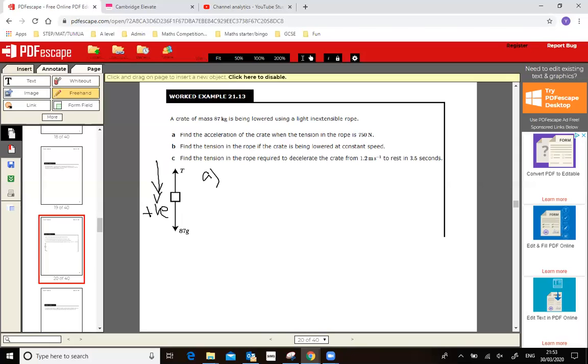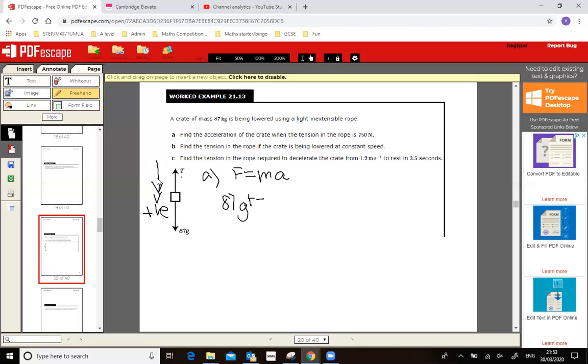Now, what do we have? Again, let's start with F equals ma. Now, what is our resultant force? The force acting on the object would be 87g, and that's positive, and we're going to plus negative tension.